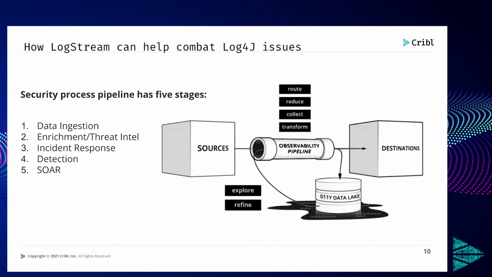The idea is that you can use LogStream to tie these processes together into an end-to-end process that helps you see your data, get better data, enrich and use your threat intel, help supplement your incident response process, help with your detections, and also trigger SOAR responses to either alert you to something or run a playbook and automate a response. So let's talk about data ingestion.